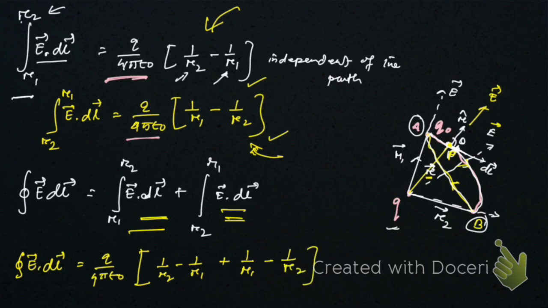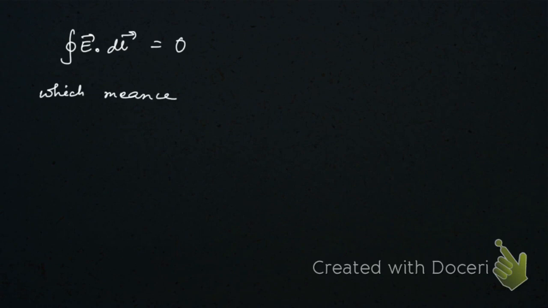If you see this, these two cancel, then these two cancel. So what we have got? We have got q by 4 pi epsilon naught into 0, which is equal to 0. That means we have got closed line integral E dot dl equal to 0, which means the electric field is conservative.